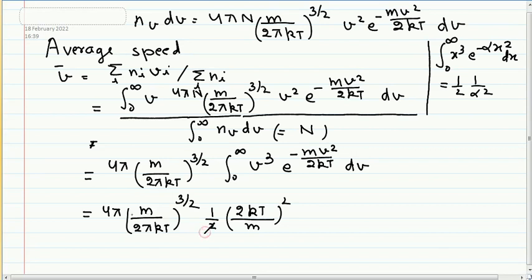So this 2 and 2, 4 is cancelled, and then to solve this, what I will do is put all these items into the square root.